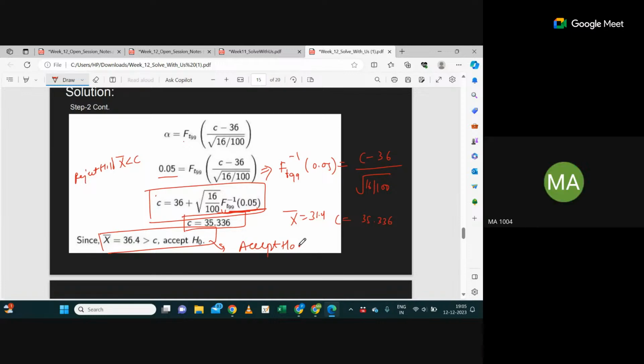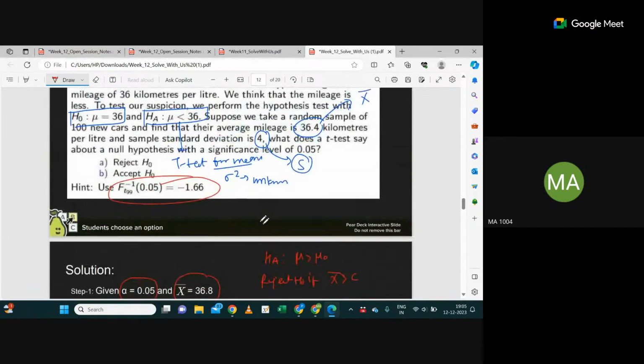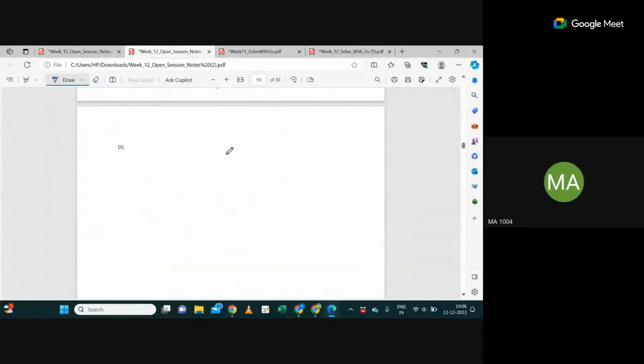See, that is something you have to decide by your hypothesis. I think you have not seen the content very carefully. Suppose H naught is mu equal to mu naught, and the alternative is mu greater than mu naught. This means I'm talking about a right tail test.